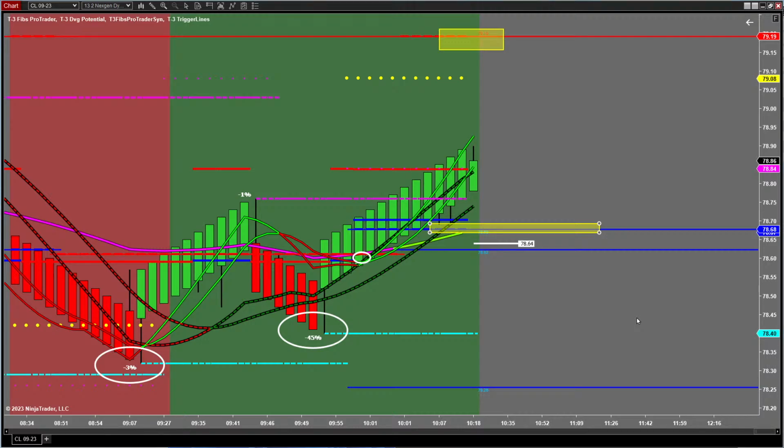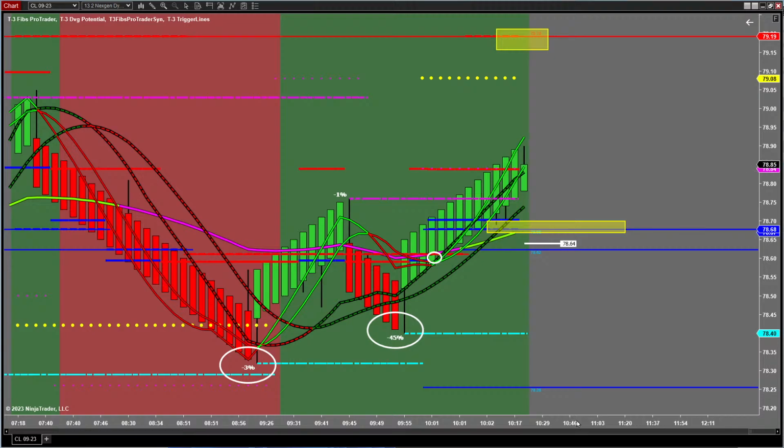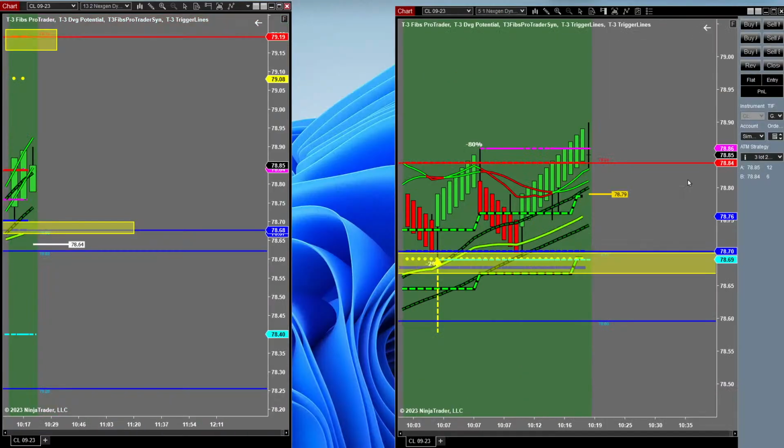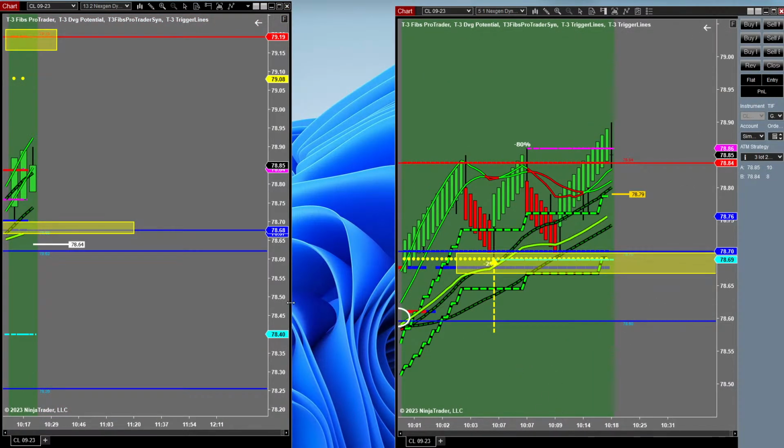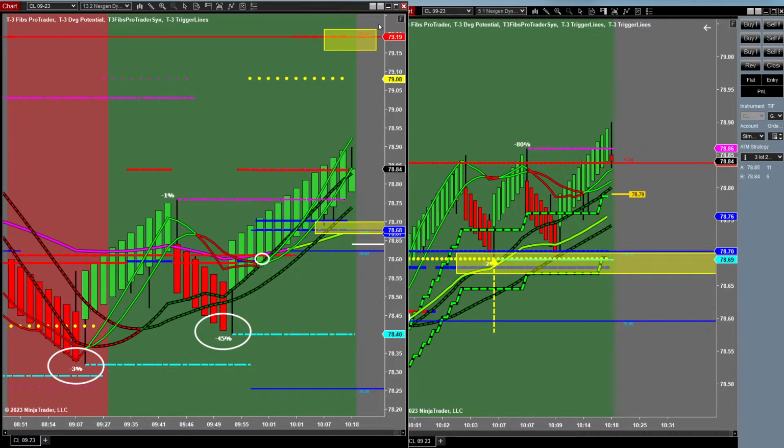There's nothing to make me think otherwise because of what happened before we got to the strong trigger line. Does that make sense? Could it stop and go down? Sure. We'll see. I think the more likely outcome is that we're going to break through and keep on going. We'll see.